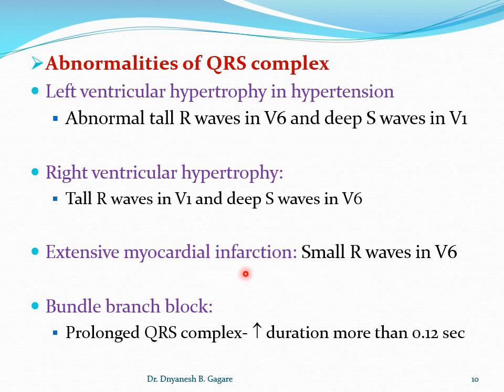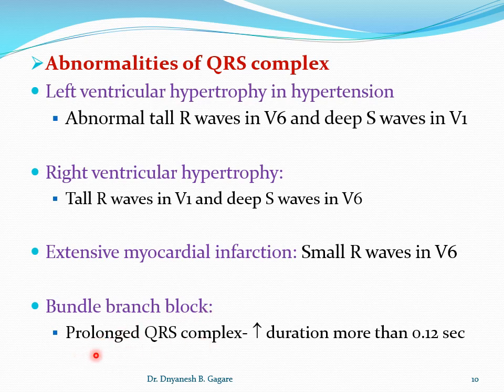So here the R wave becomes small. Why? Because the whole ventricle does not take part in depolarization and repolarization. Only some part of the ventricle takes part, so depolarization decreases and the height of the R wave decreases. Then the next example, in bundle branch block, that is left bundle branch block or right bundle branch block, what happens?